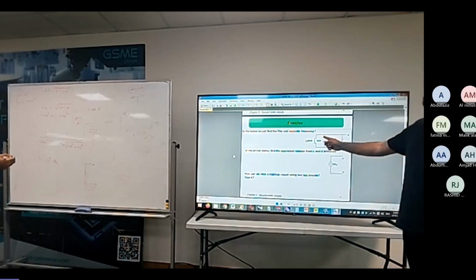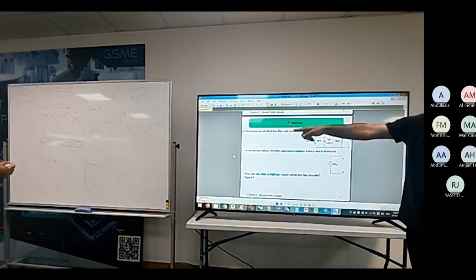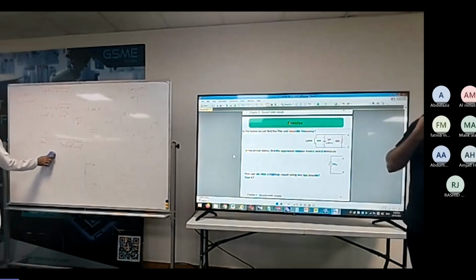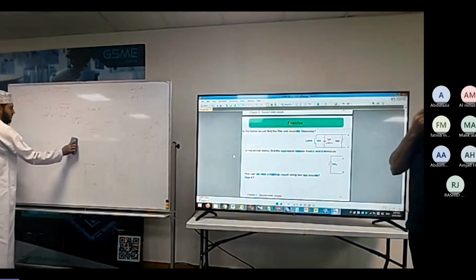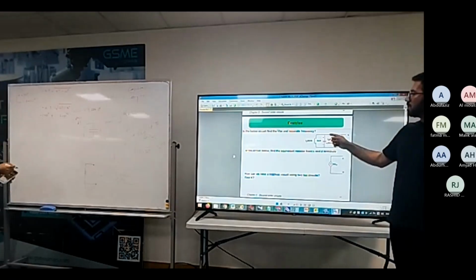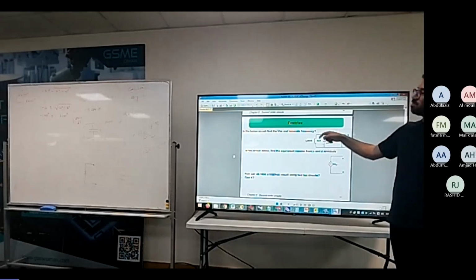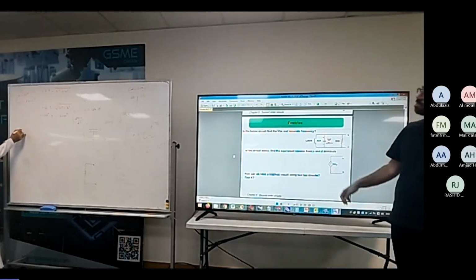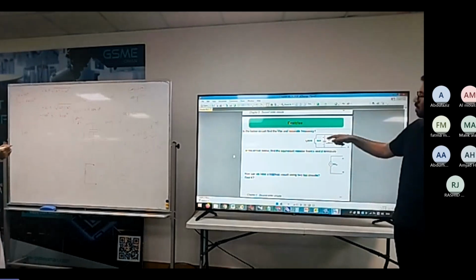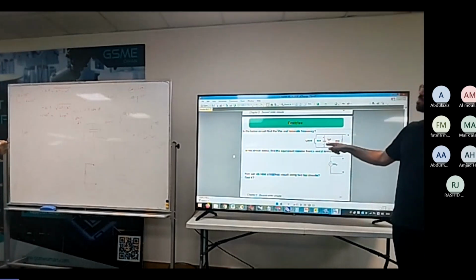We need to write a KCL here at the time of zero. If you write a KCL here, we have IL0. How much is the current of the capacitor?